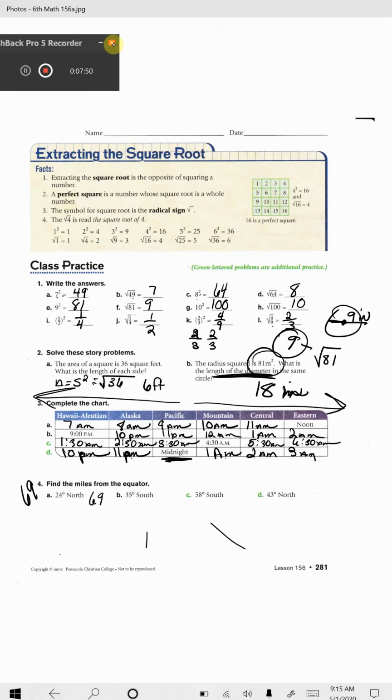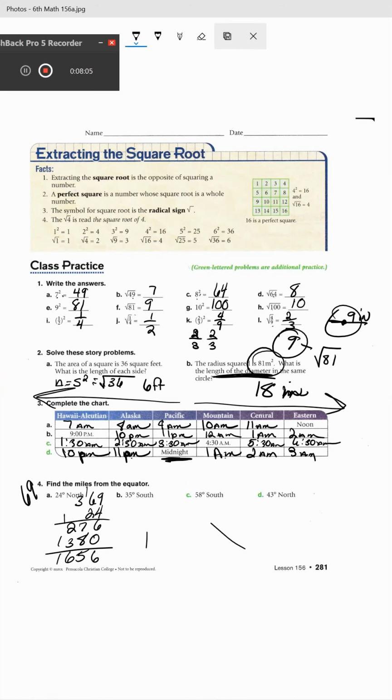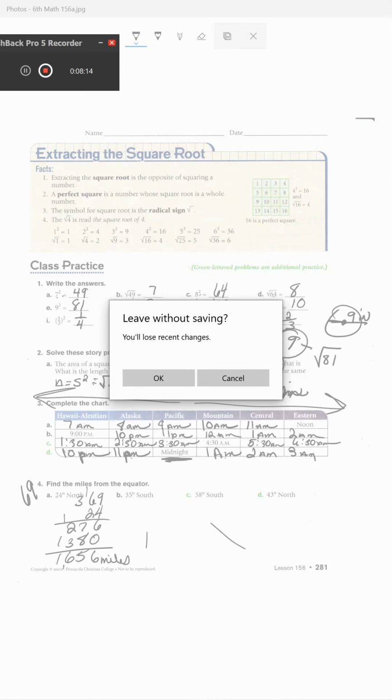So it'll be 69 times the 24. I get 1,656 miles, and I'm correct. Okay? All right, let's look at the back real quick.